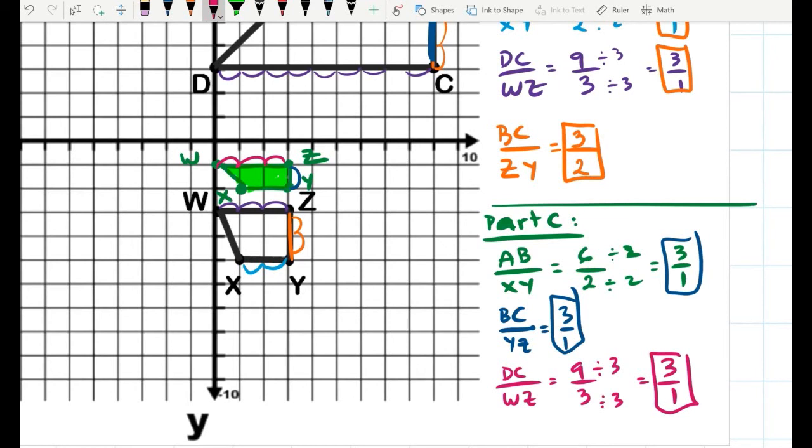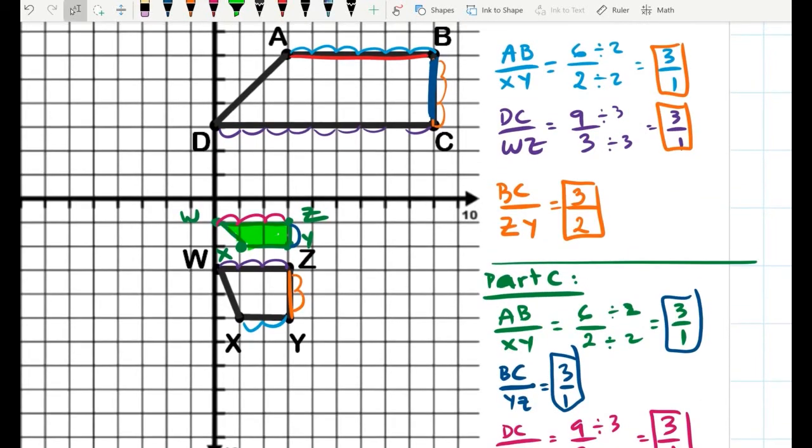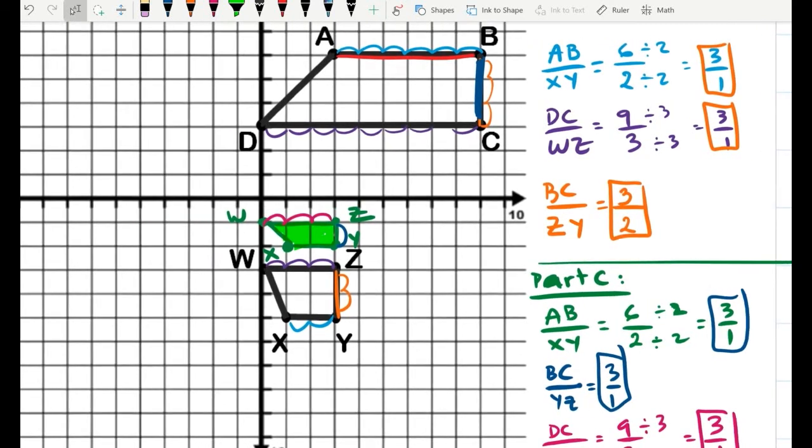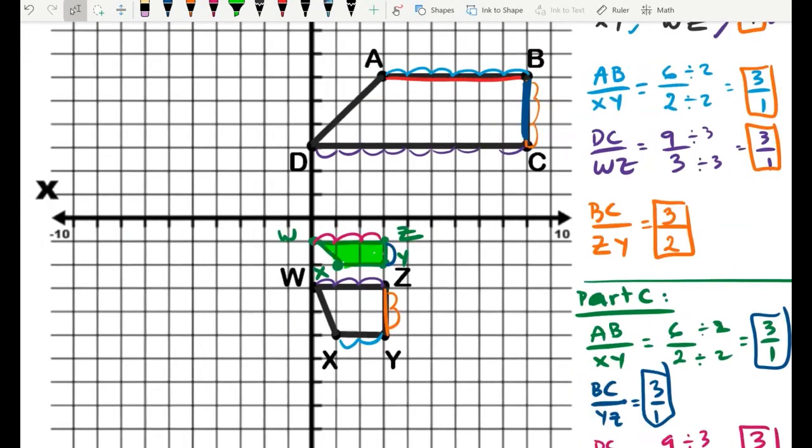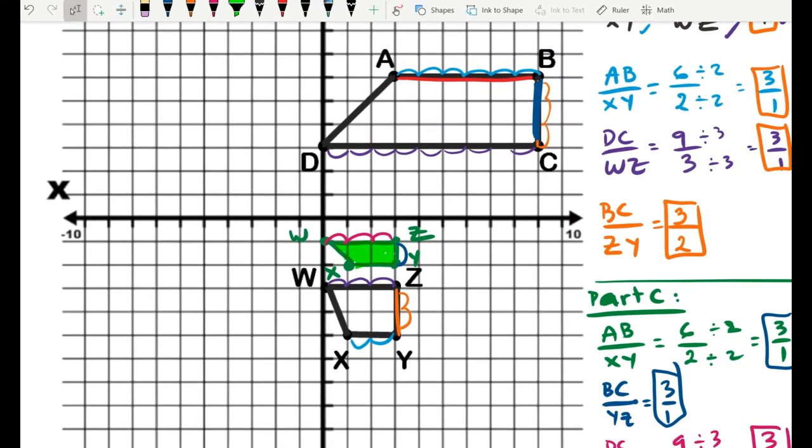The last one, we have to use AD over XW. To confirm the side length, you have to use the Pythagorean theorem. This is extra. If you don't want to know that, it's okay, because it's already so many things on this problem. So I'm going to do it on the side to prove to you that it's still true.